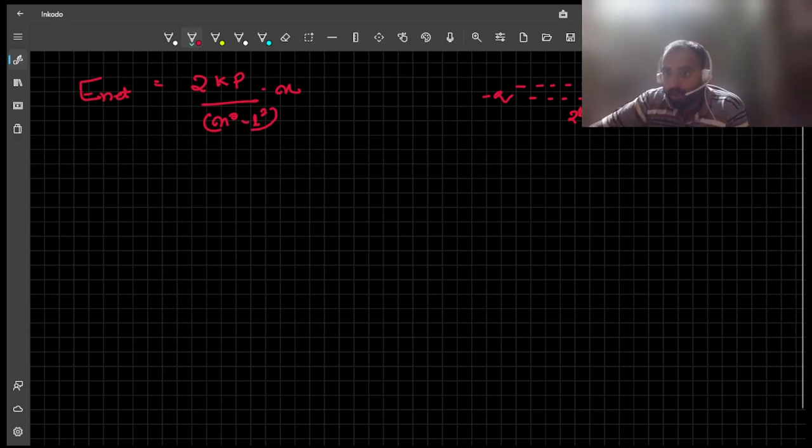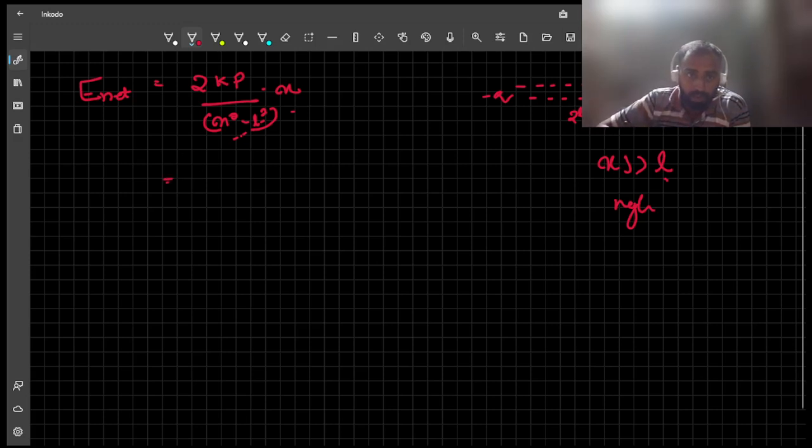So in comparison, x is very much greater than L, right? So I can neglect this L. If L is very small, then L square will be even smaller, so I can neglect this L square term.